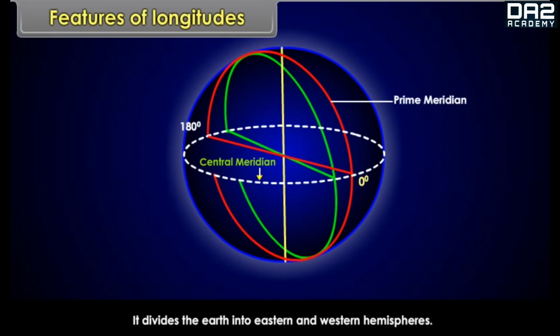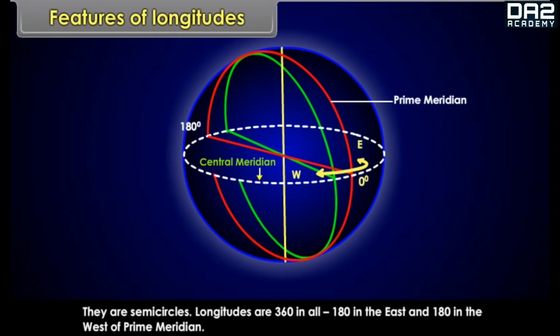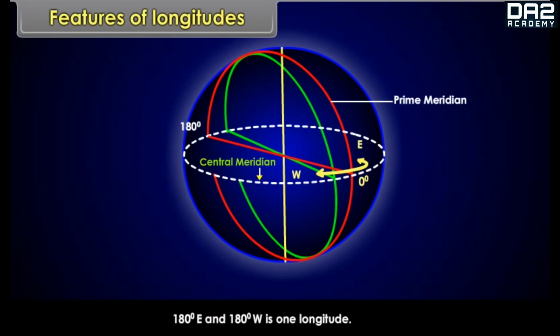It divides the Earth into eastern and western hemispheres. They are semicircles. Longitudes are 360 in all, 180 in the east and 180 in the west of prime meridian. 180 degrees east and 180 degrees west is one longitude.